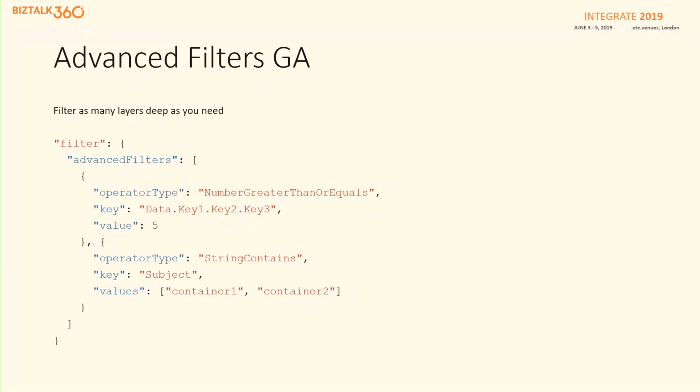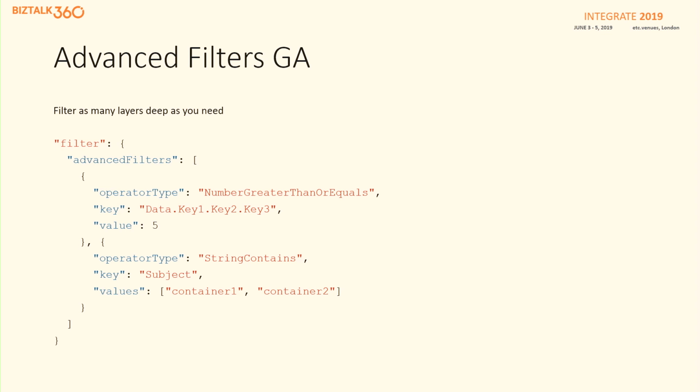So the next thing that we published this past week was GA of our advanced filters. The big update that we made in GAing advanced filters is we now allow you to do your filters on as many layers of nested objects within your JSON payload as you want.